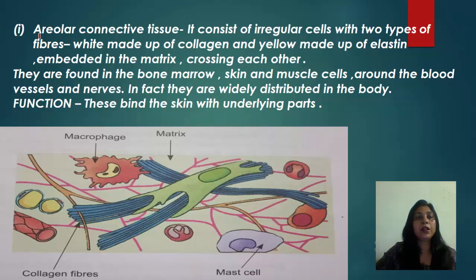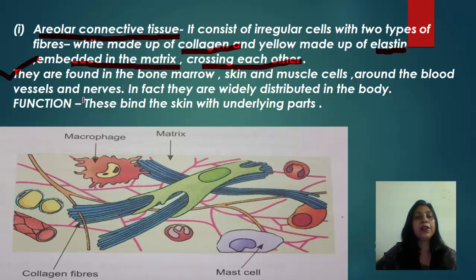Now, areolar connective tissue. It consists of irregular cells with two types of fibers: white fibers which are made up of collagen and yellow fibers made up of elastin. Collagen and elastin are proteins, and these fibers are embedded in the matrix crossing each other.